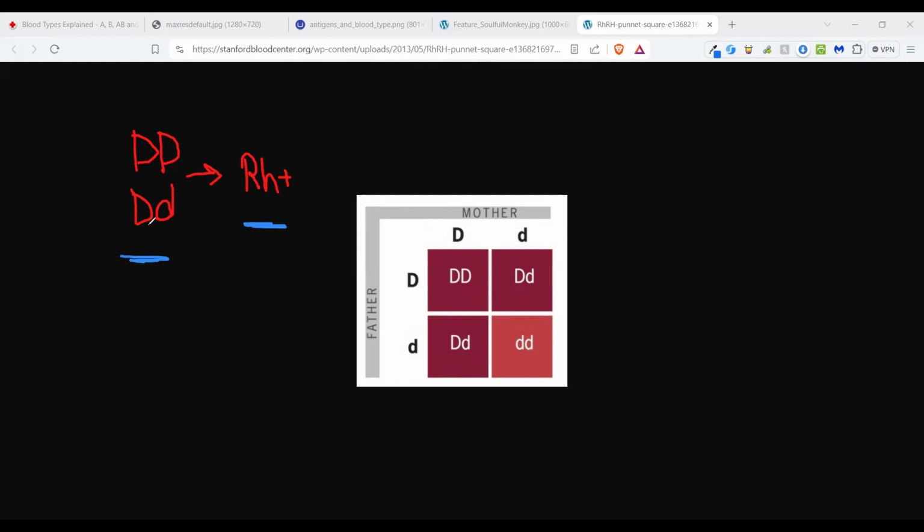There is a recessive allele here, but there's also a dominant allele. And because of that, we're going to be seeing that dominant trait, which is the Rh positive factor. And same here, both of these alleles are dominant, so it's also contributing to the person being Rh positive.